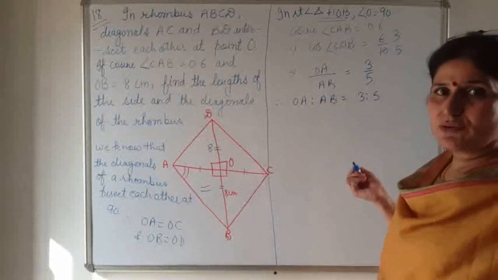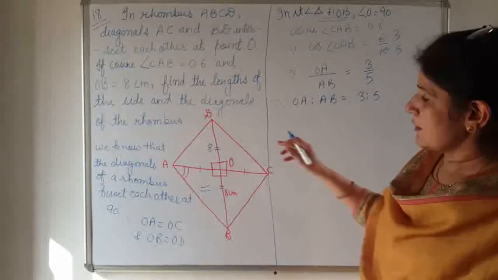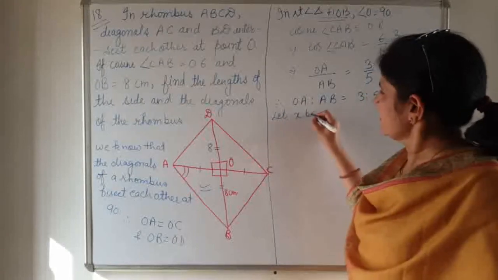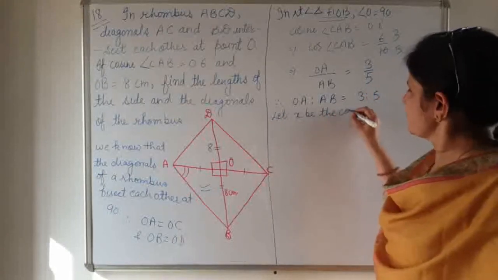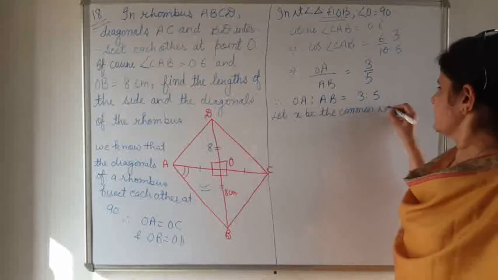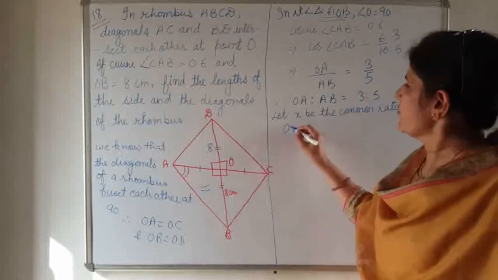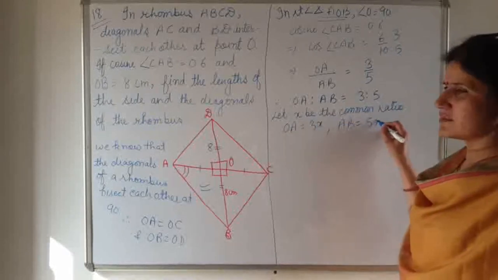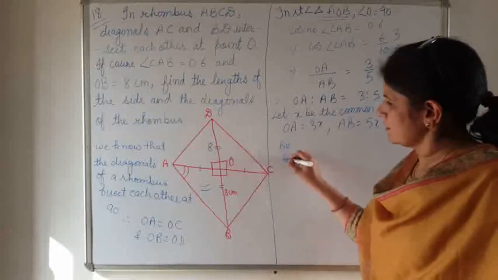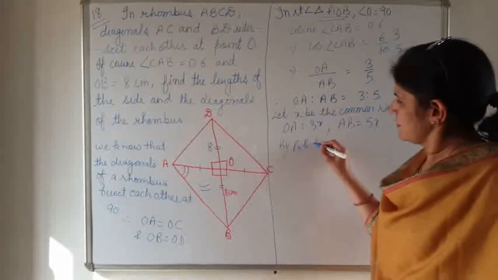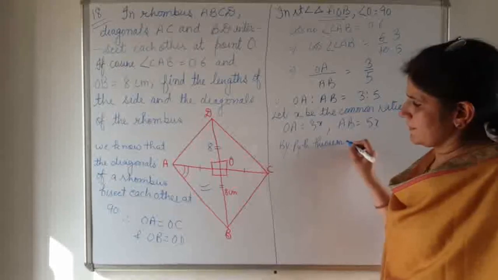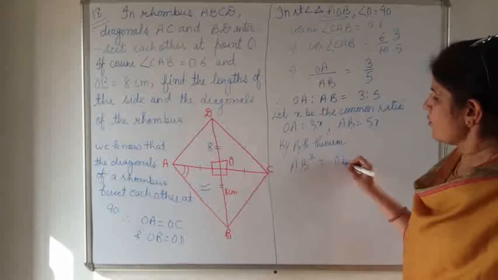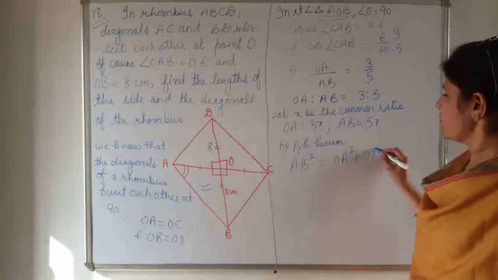We take any of the ratio here, just common ratio x, y, any, because we don't have that. Let x be the common ratio. So OA equals 3x and AB is 5x. Now by Pythagoras theorem, AB square equals OA square plus OB square.